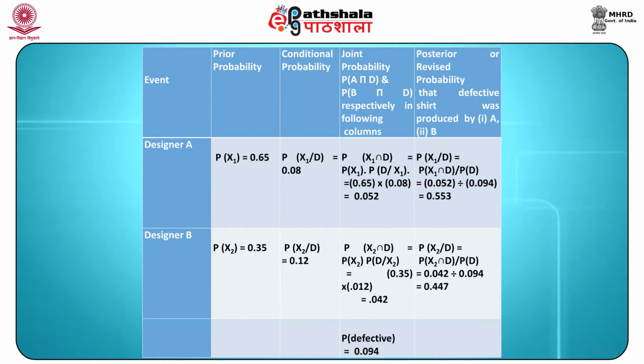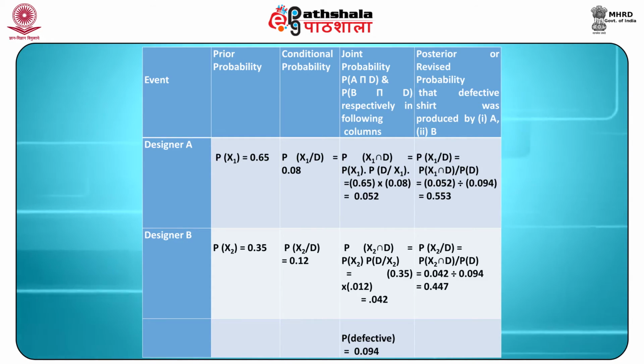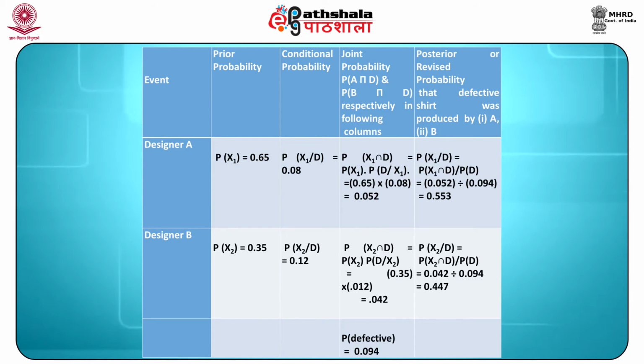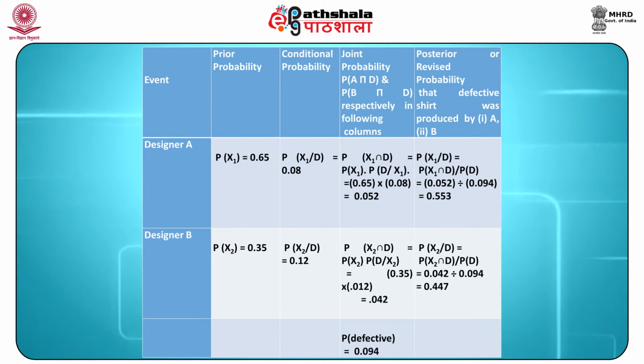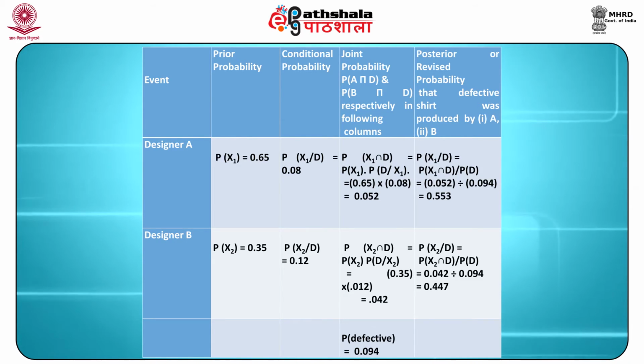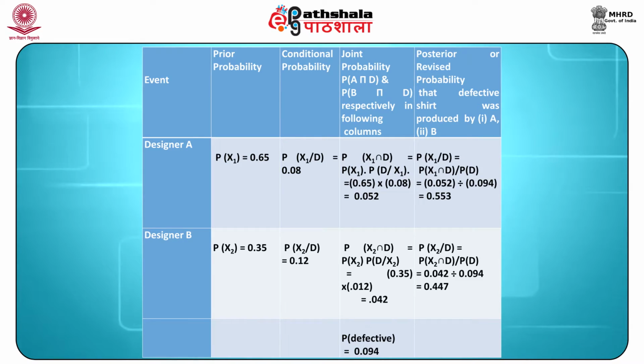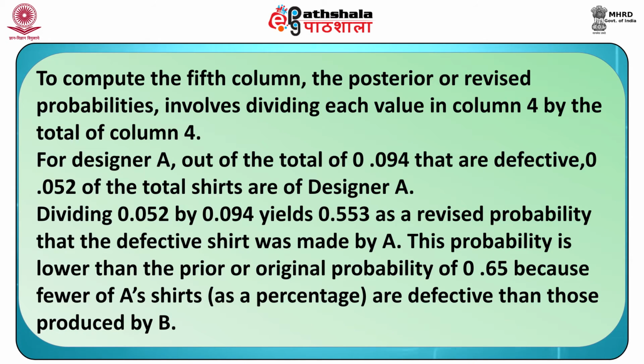That is for designer A, and for designer B it is equal to probability x2 intersection D divided by probability D, which is equal to 0.042 divided by 0.094, which is equal to 0.447. So, to compute the fifth column, the posterior or revised probability involves dividing each value in column 4 by the total of column 4.